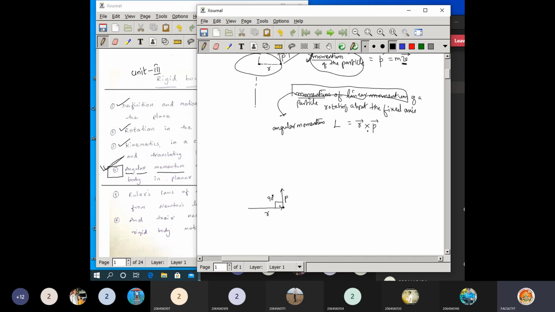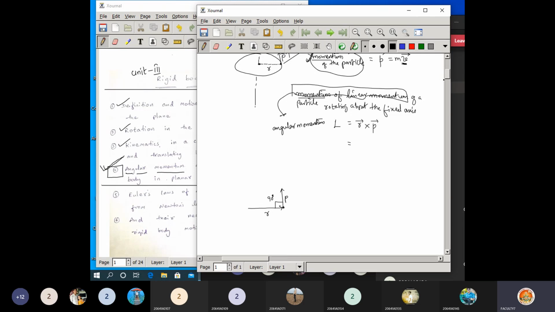Now if you want to remove the cross here, then what you will write? Or let me do one thing. I will replace p as mv because you got here p equals to mv. Now I will write this as r bar cross m v bar.